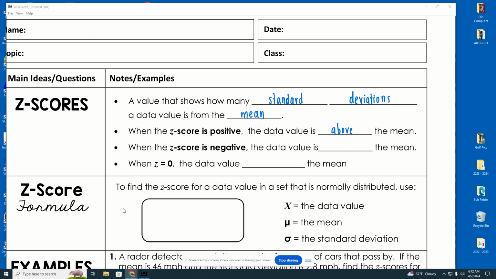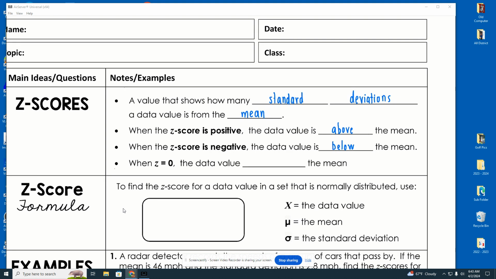But let's say your value was below the mean. Let's say the mean was 86 and you made a 79. Well, obviously your value is below the mean, therefore your Z-score, when you calculate it, will be negative. When Z equals 0, that means your data value is equal to the mean. And I think that makes sense.